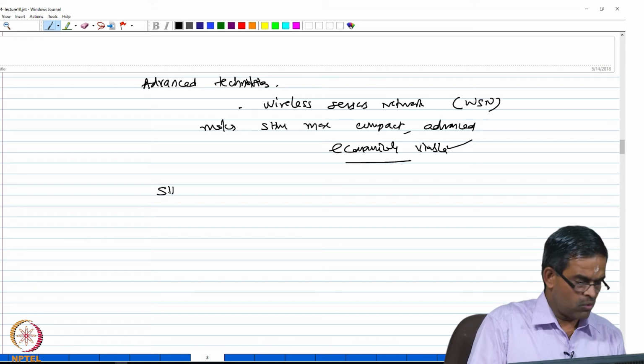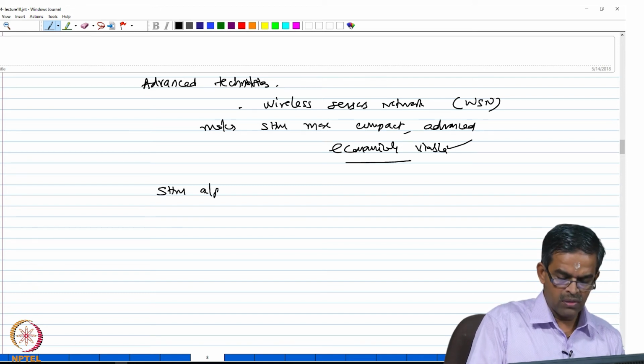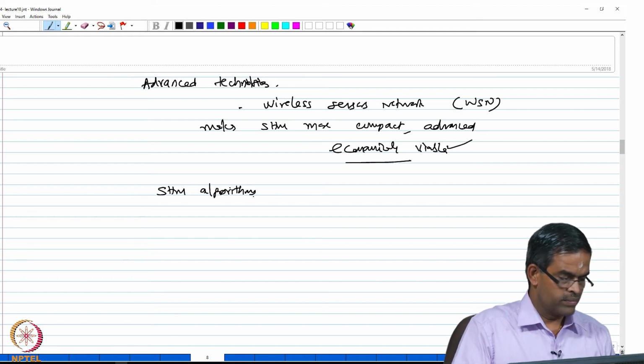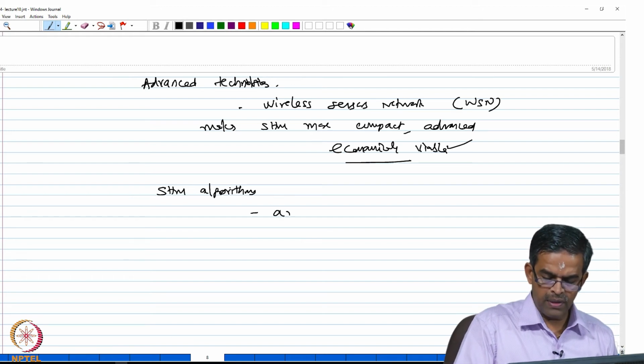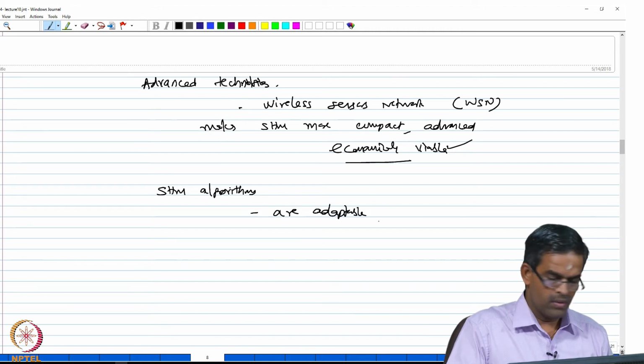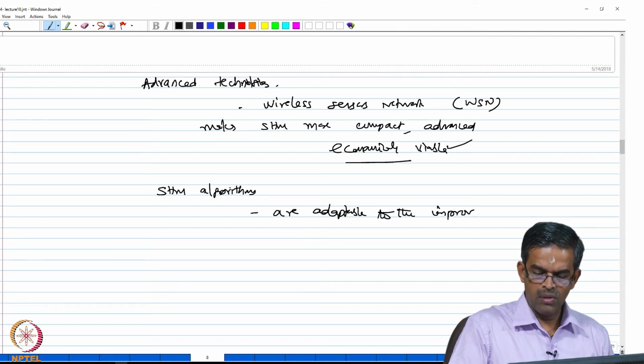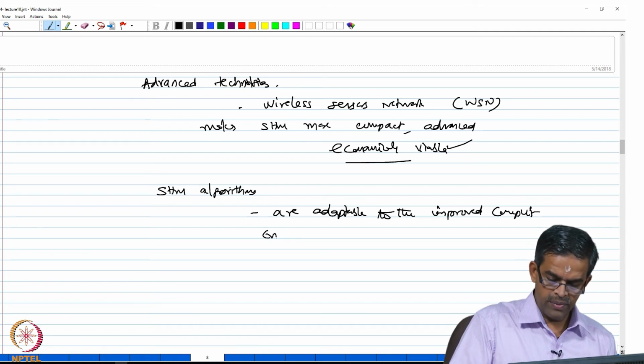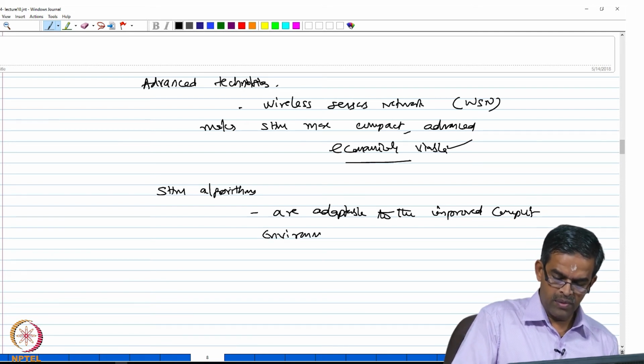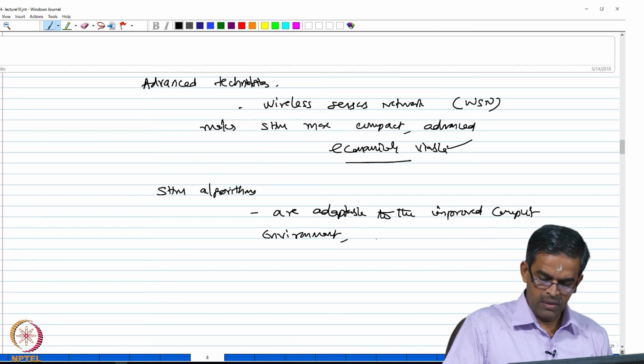We should also mention SHM algorithms. These algorithms are adaptable to the improved computing environment offered by the smart sensor technologies.